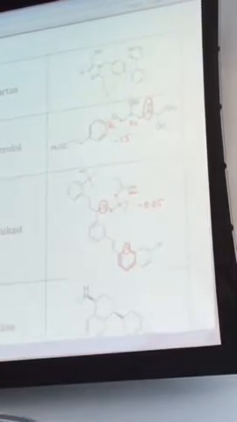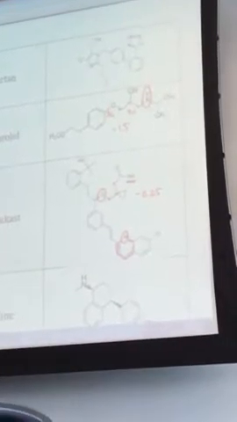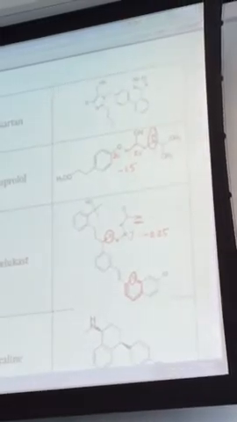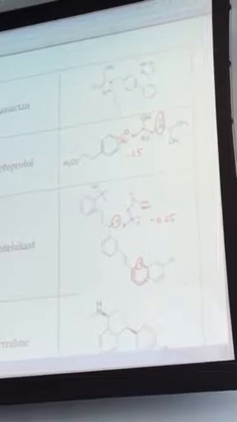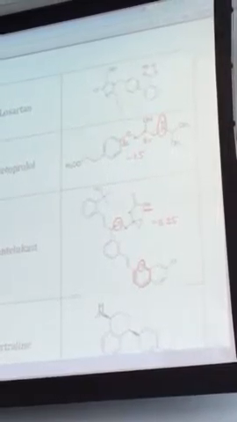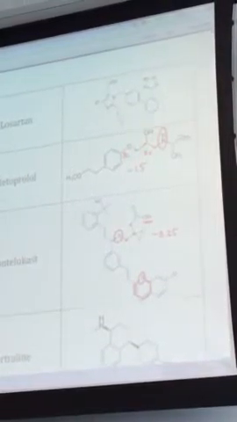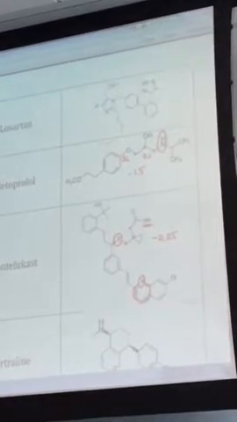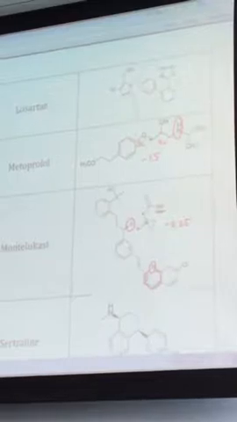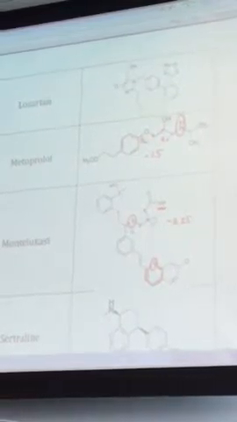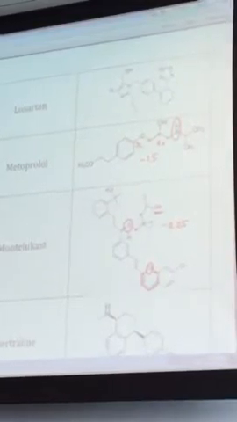Right, so for a carboxylic acid attached to an aromatic ring, you only subtract 0.75 from the parent. But this one isn't attached. This is just subtracting the effect of this sulfur group that's 3 carbons away.